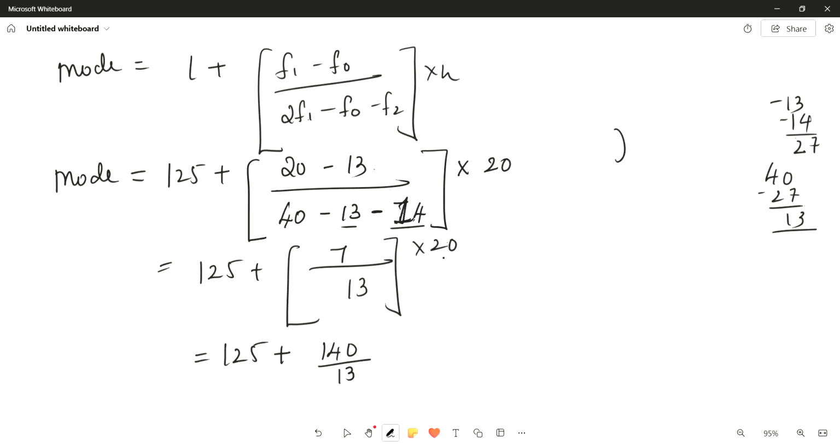So 13 into 140: 14 minus 13 is 1, one digit I have already put here, so I take 10 here. Then it is not possible, so I put the decimal point and take 100 here. 13 into how much? 13 sevens are 91, 13 sevens I think.